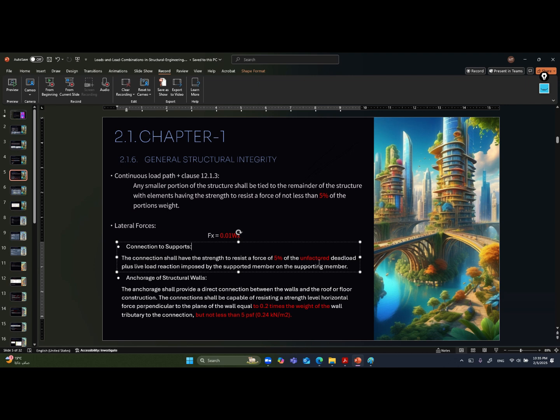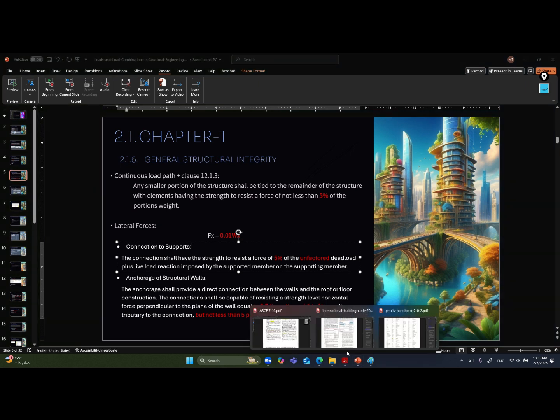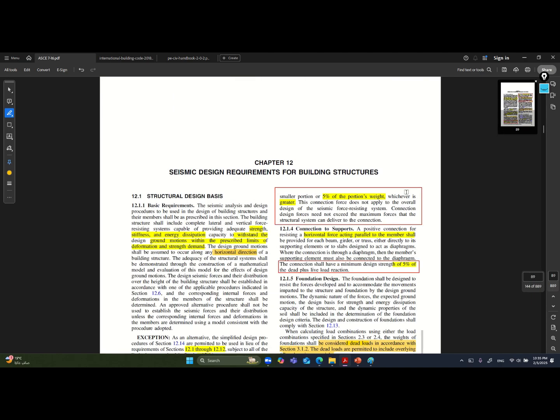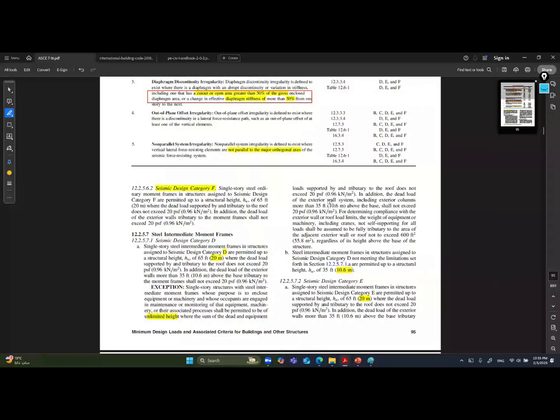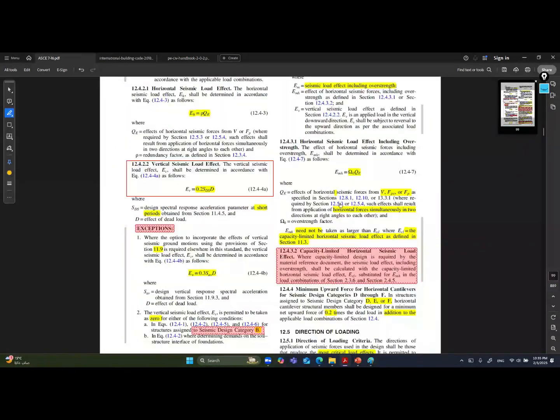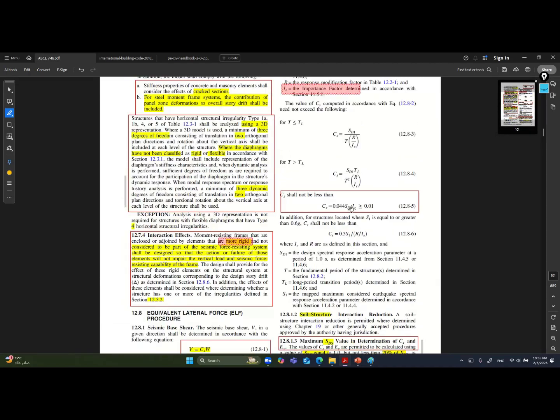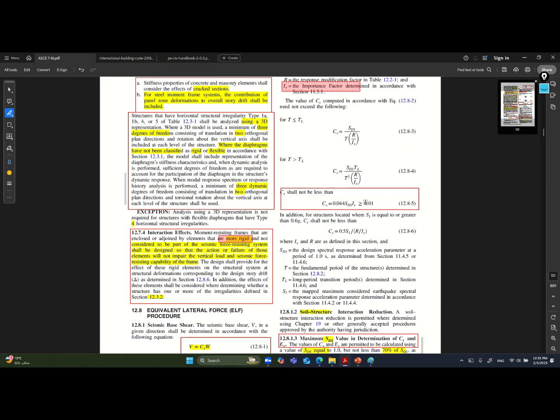Also, this value is mentioned in ASCE in chapter 12, as I recall, in the minimum value when we are going to calculate the Cs value. Here it mentions that the Cs shall not be less than 0.01, of course, multiplied by the weight.